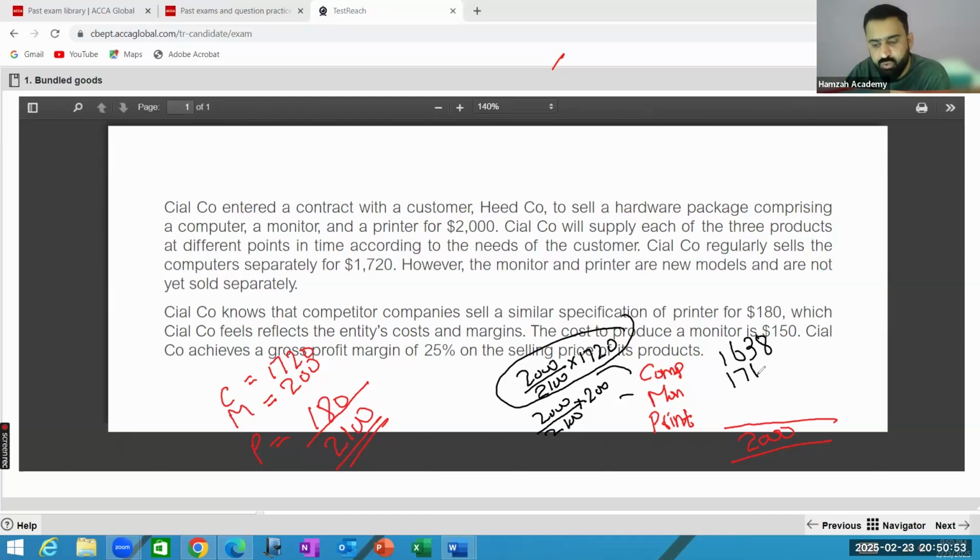And then for the printer, again 2000 divided by 2100 into 180, and here you will have 191. So this is how you will allocate the transaction price among the different performance obligations.